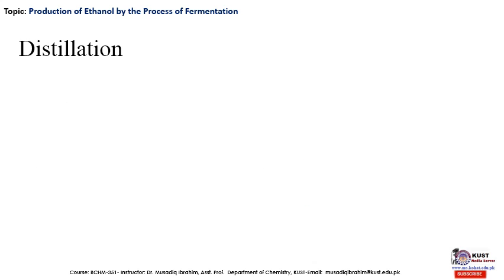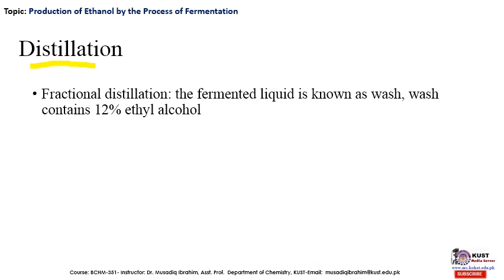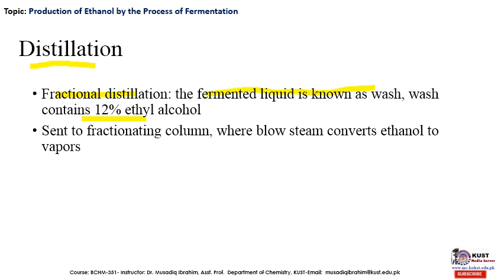Now distillation is a very important step in the refining of the alcohol, and as we discussed its importance in the sketch diagram for the process of fermentation in the previous slides. In fractional distillation, the fermented liquid is known as wash, and this wash contains 12% ethyl alcohol or ethanol.